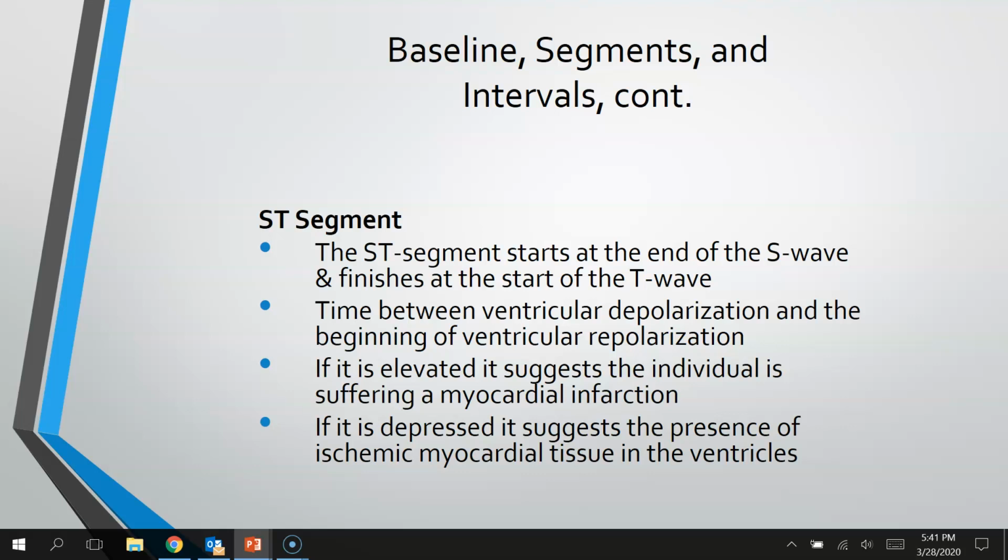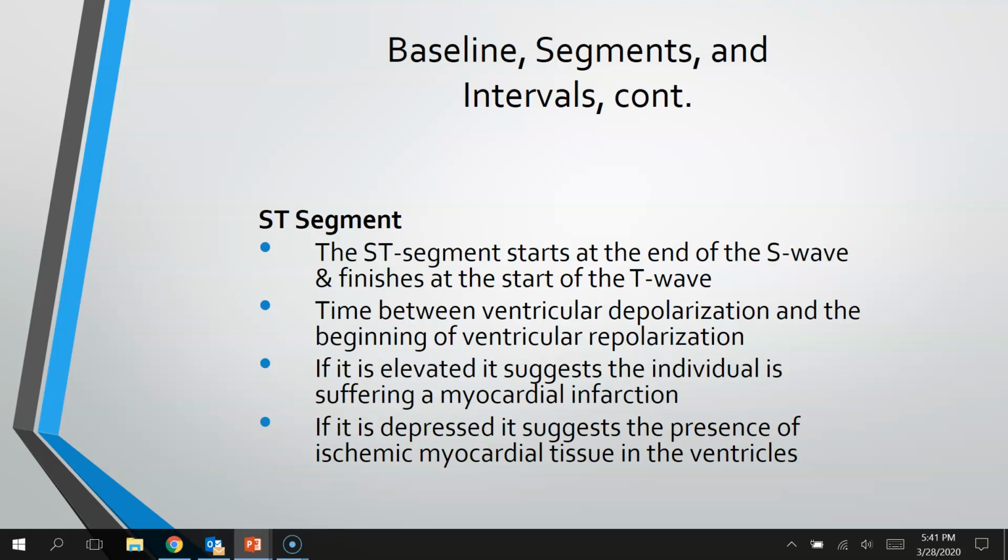It should be isoelectric, but if we see an elevation in that segment, so it's not flat, it actually starts on the baseline and goes up, that generally suggests that the patient may be having a myocardial infarction or a heart attack. We call that a STEMI, and we'll talk about that in a little bit, that elevated ST segment.